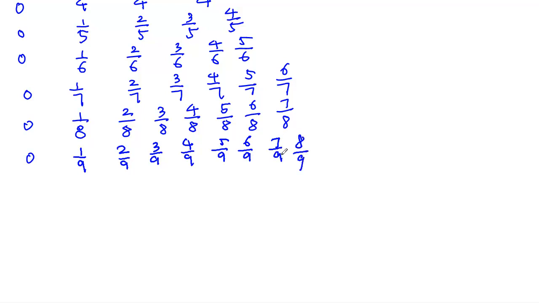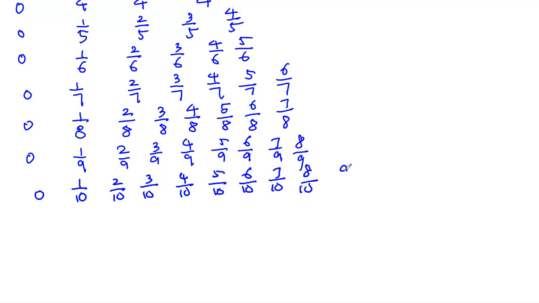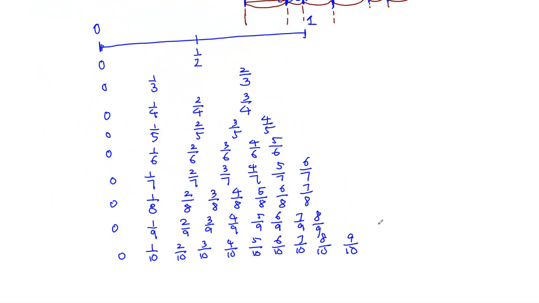We have 9 bars. Actually, there are 10 bars: 1/10, 2/10, 3/10, 4/10, 5/10, 6/10, 7/10, 8/10, and 9/10. That's it. But we're going to eliminate what? The same bar in the same position, right?